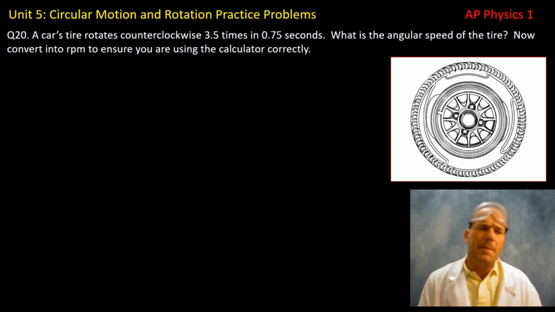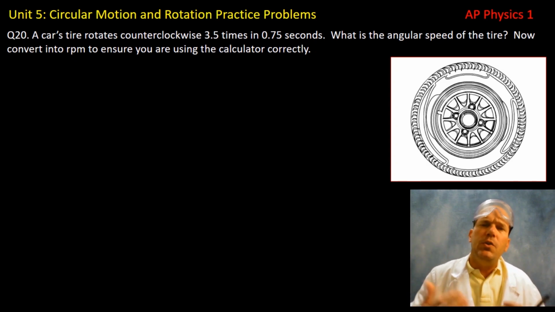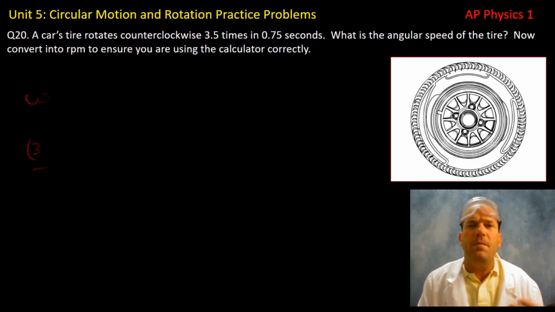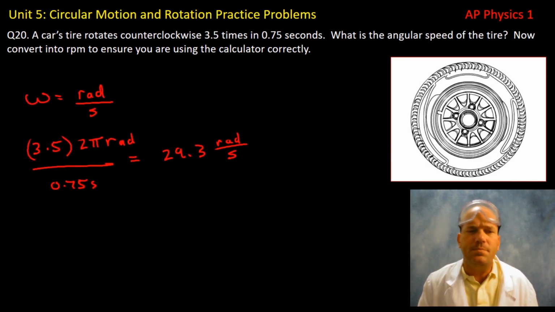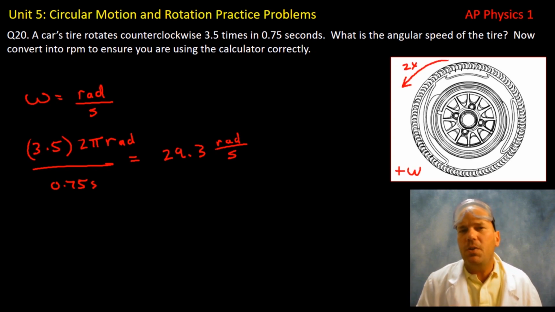3.5 times, that means it's 3.5 times 2 pi r, so it's going around in that circumference 3.5 times. So what we can do is multiply 3.5 times 2 times pi radians.